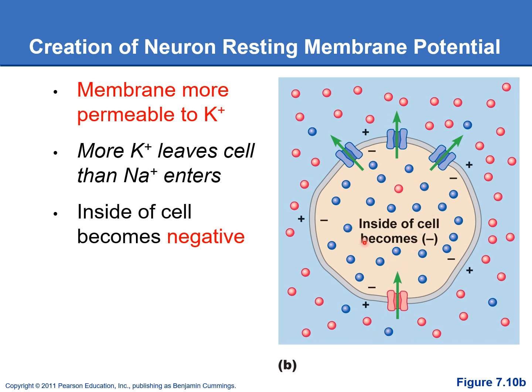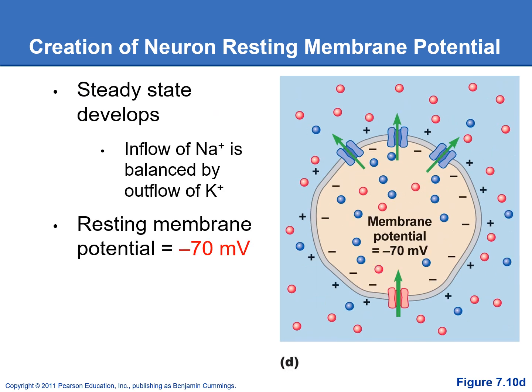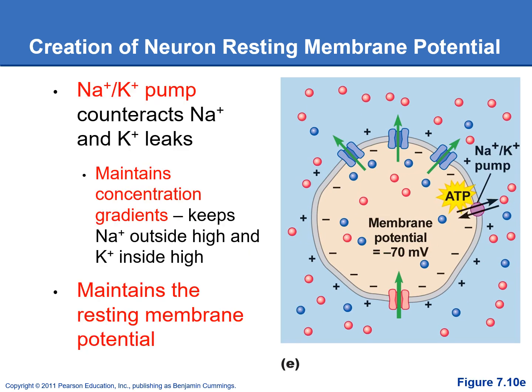And so the inside of the cell is going to become more negative. Okay. And then eventually we end up with a negative membrane potential of minus 70 millivolts, and that'll be our resting membrane potential in most of our neurons.